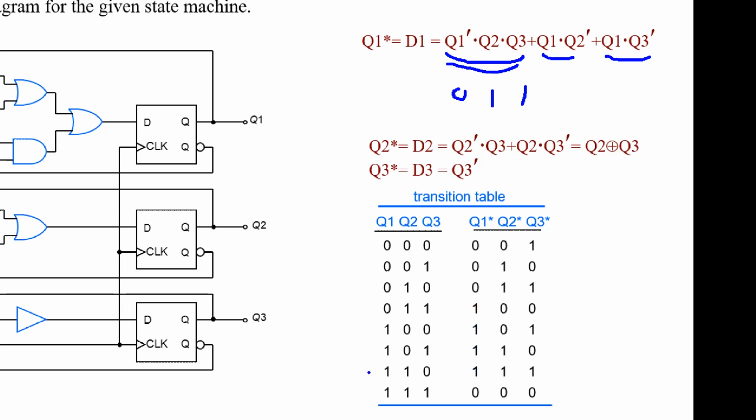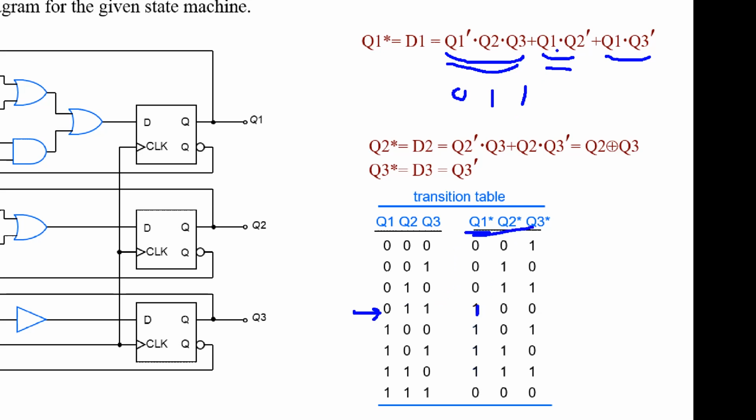So just find out the state: Q1 0, Q2 is 1, Q3 is 1, 0, 1, 1. So Q1 star will be 1.